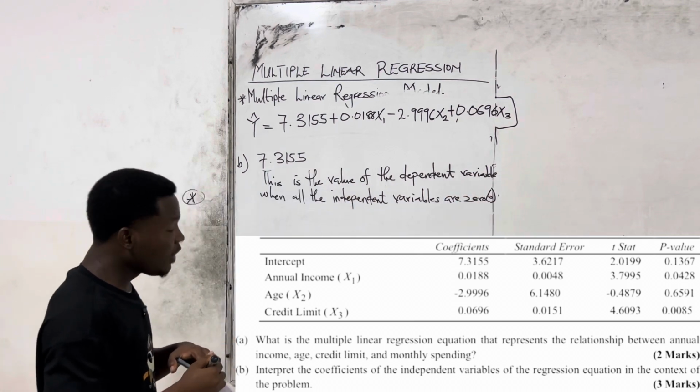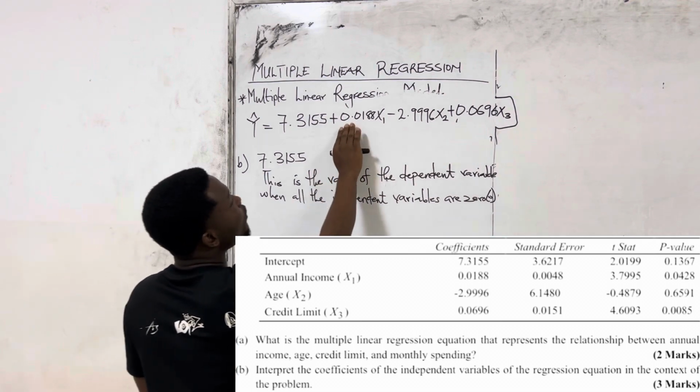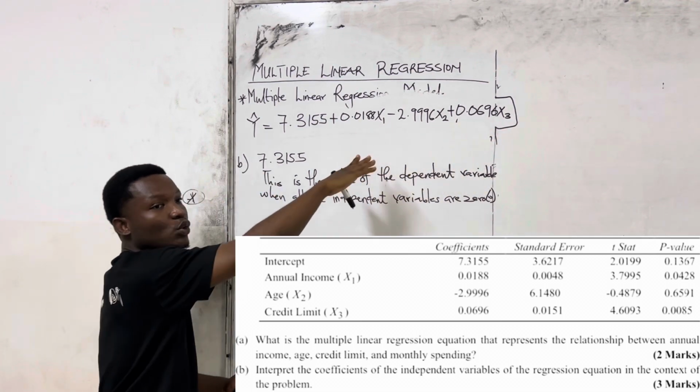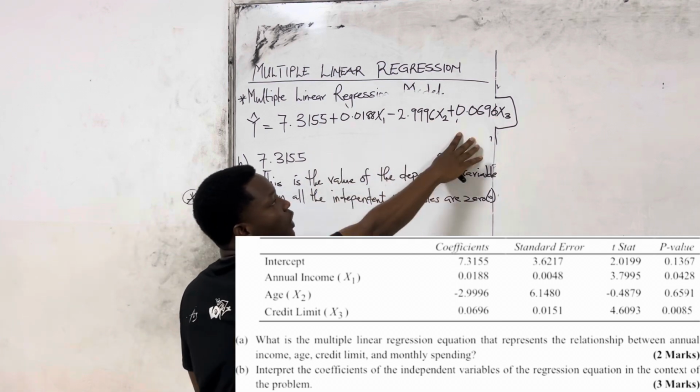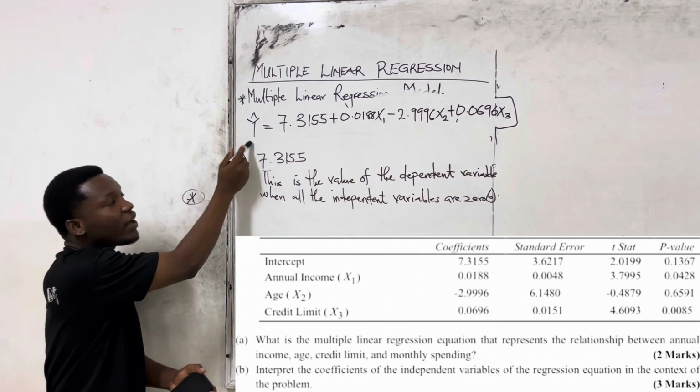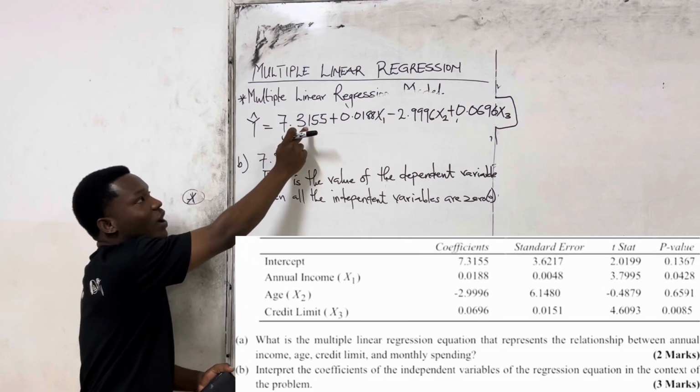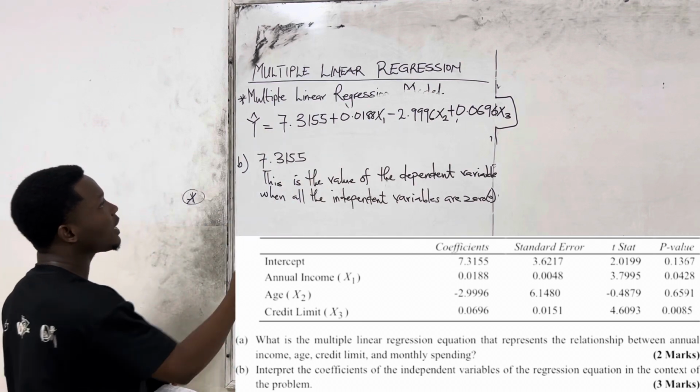So this is it. If everything here, starting from x1, x2, x3, all the numbers attached to it, are equal to zero, then it means our dependent variable is equal to the constant, which is 7.3155.